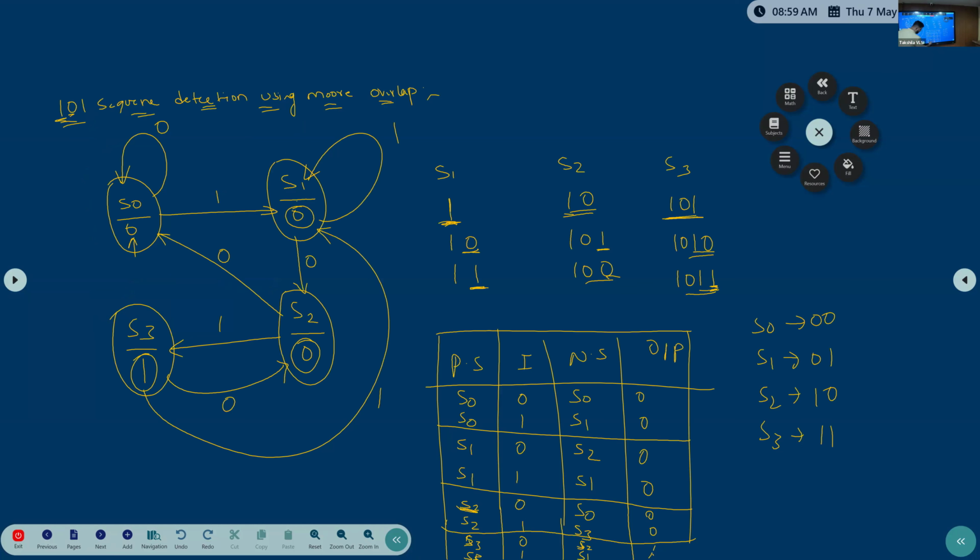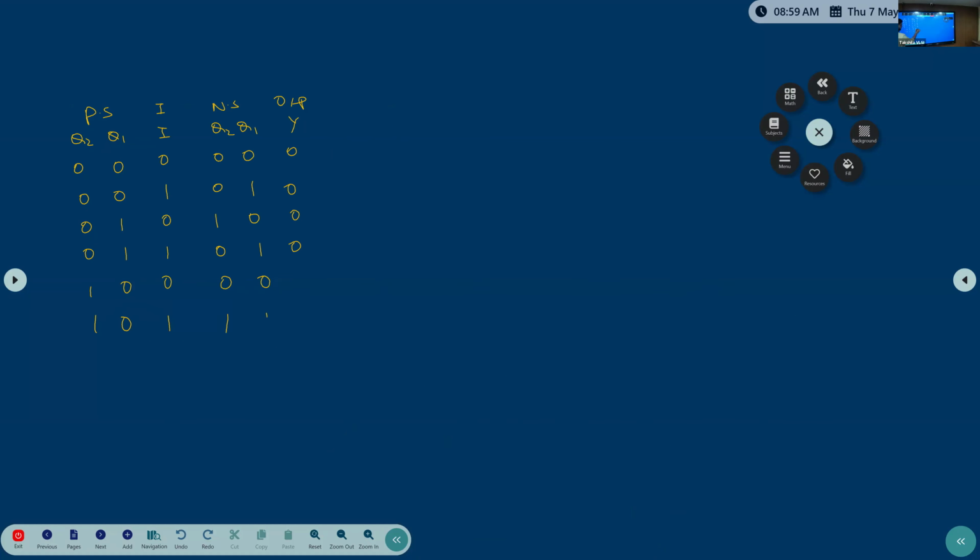S2 with 0 goes to 0 0, and S2 with 1 goes to S3, 1 1. Next 1 1, 0 case will be there and 1 case will be there. With 0 it goes to 1 0, with 1 it stays at 1 1. Output will be 1, 1.